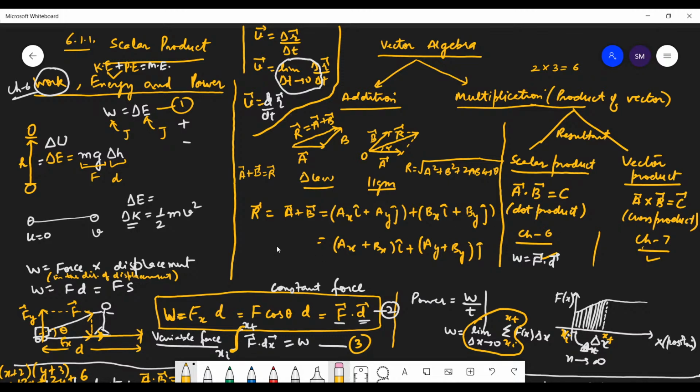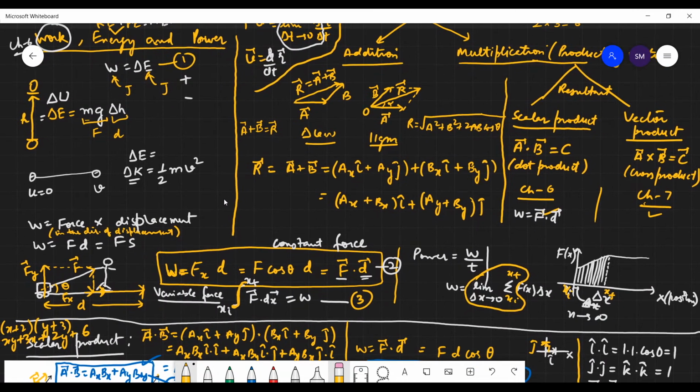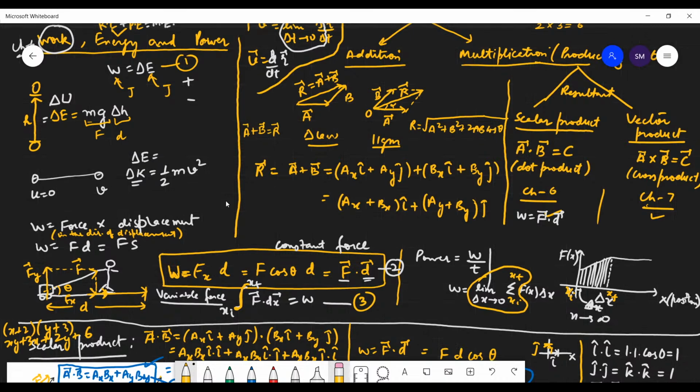Now the formula for work done when the force is constant, we already did this, is force into displacement. So this force was in the direction of the displacement. Now if theta is the angle between the displacement and the force, then the component of the force in the direction of d is Fx, and Fx is equal to F cos theta.